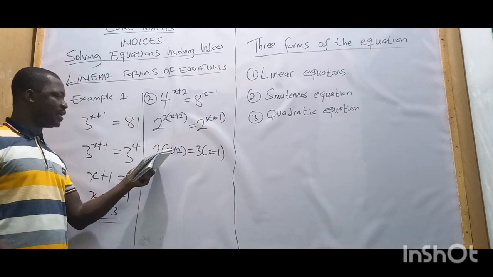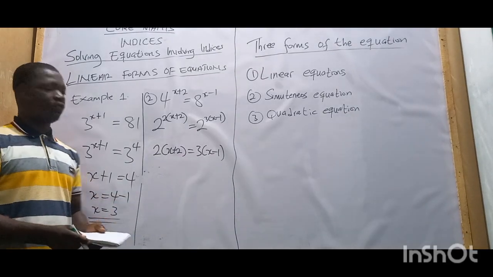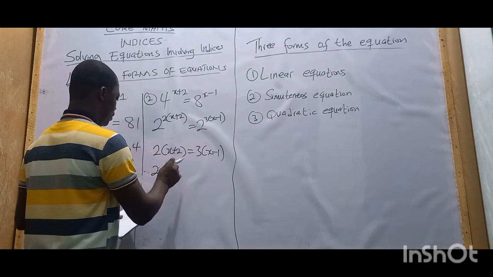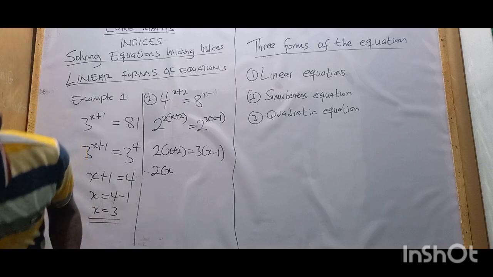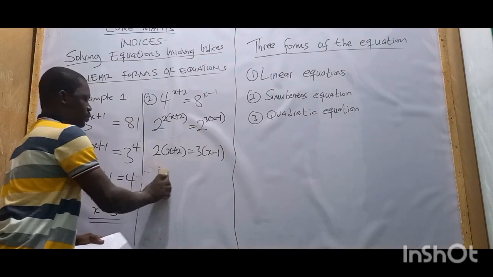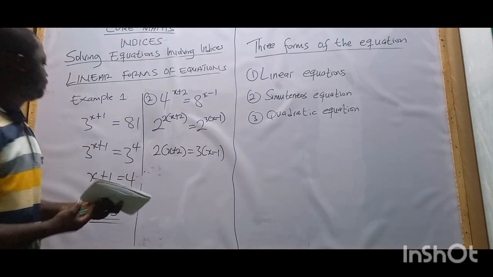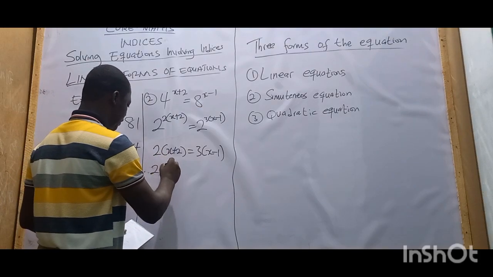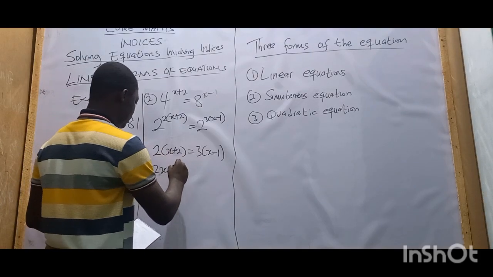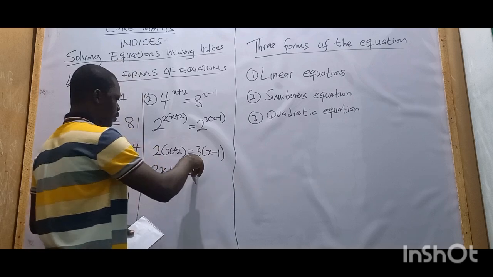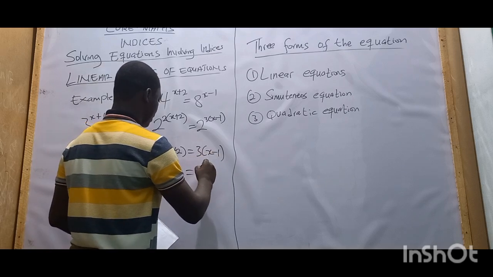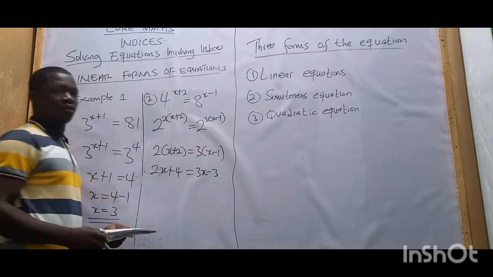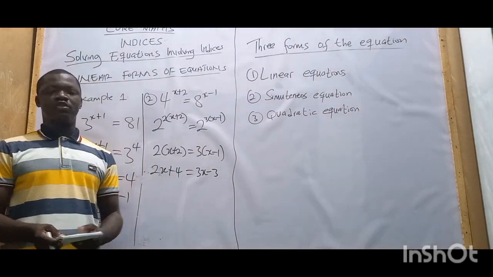So I'll expand this linear equation and solve. I'll expand. So this one multiply this, I'll get 2x plus this one multiply this, I'll get 4 equals to this one multiply this, I'll get 3x. This one multiply this, I'll get negative 3. So I'll group like terms and solve.